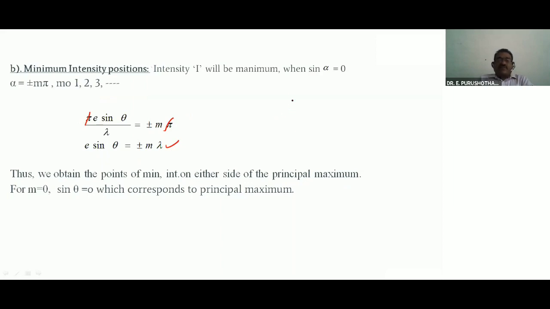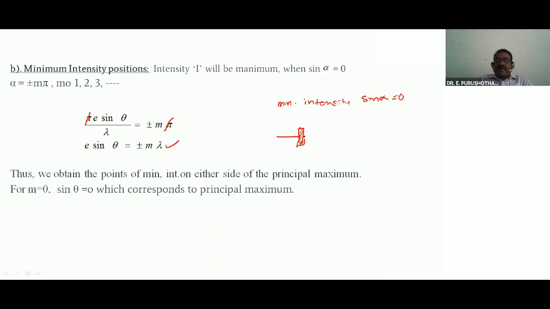So what is the condition for minimum intensity? The minimum intensity condition is sine alpha is equal to 0. This is the minimum intensity condition. For example, this is the minimum intensity, up to here, this is minimum intensity, dark.